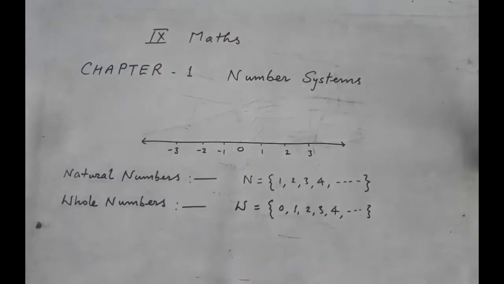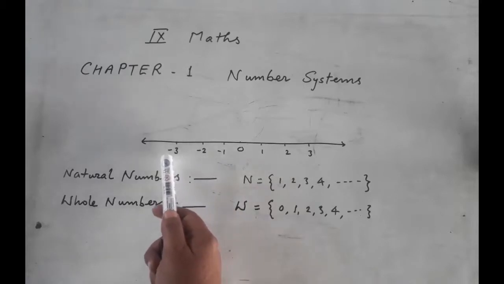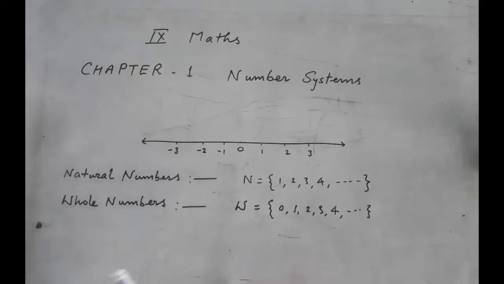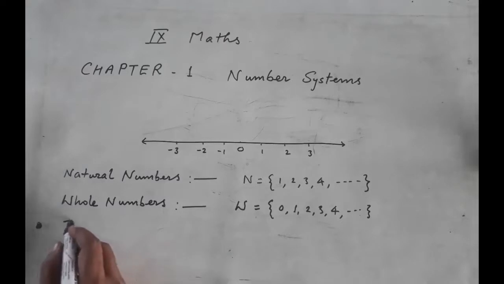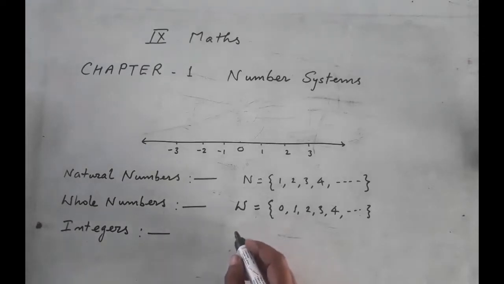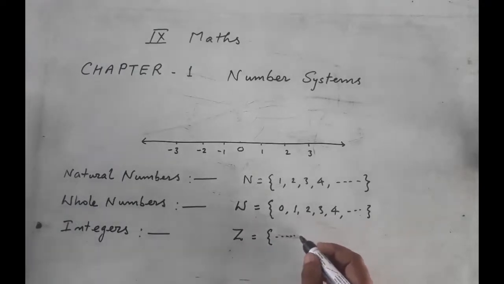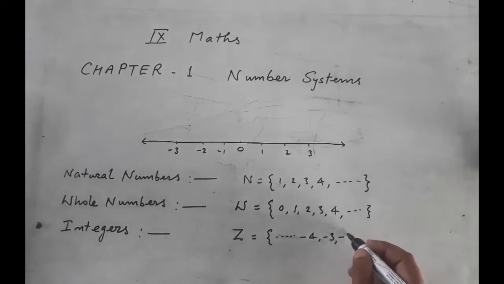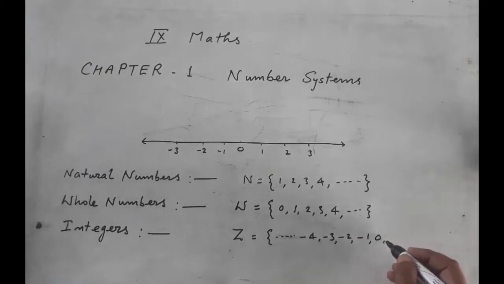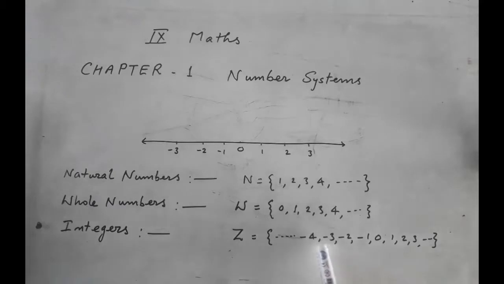If we include the negative numbers, that is -1, -2, -3, in your whole numbers, then it is called integers and it is denoted by Z. Z means all negative numbers, that is -4, -3, -2, -1, 0, 1, 2, 3 and so on, all positive numbers, 0 and all negative numbers.